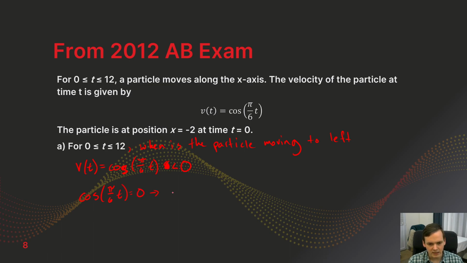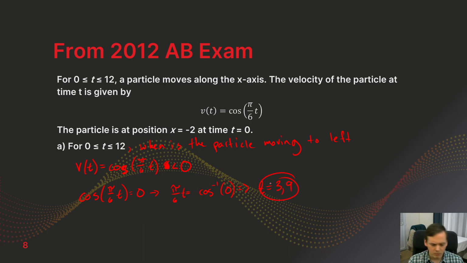That implies that pi over 6 t is equal to the inverse cosine of 0, which will give t equals 3 and 9.